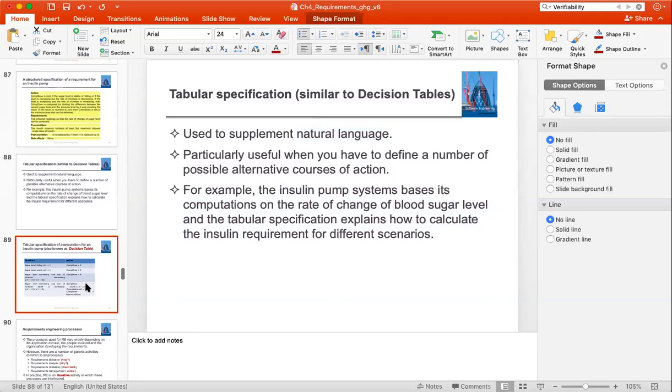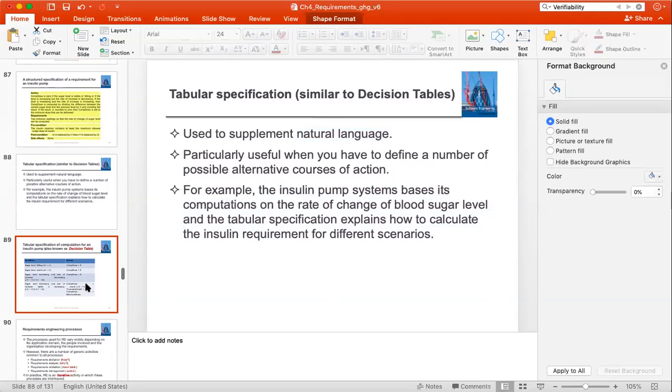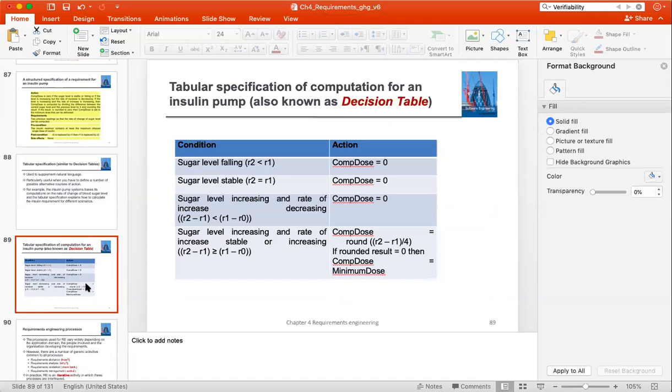Now, obviously this representation would be needed when you have something like a structured set of decisions. Yeah, if the sugar level is falling, so the second reading is lower than the earlier reading, then you give 0 dose.